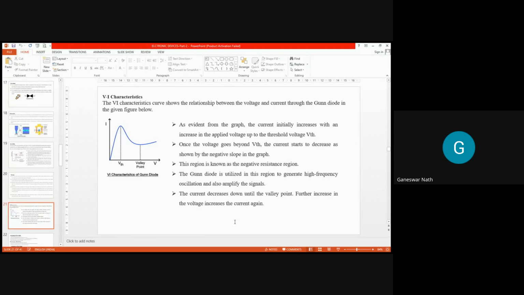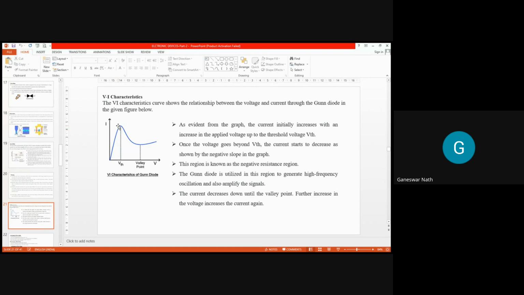Then coming back to the VI characteristic. The VI characteristic curve shows the relation between the voltage and the current through the Gunn diode. In the given diagram, you can see that at low voltage the current is low, but with the increase of voltage the current increases up to a threshold value.